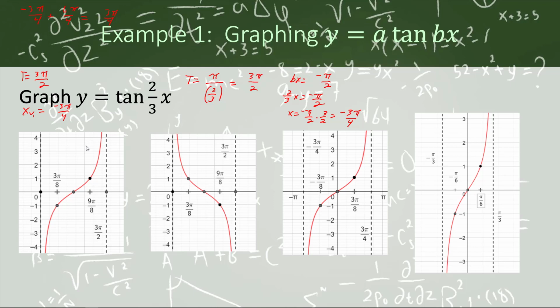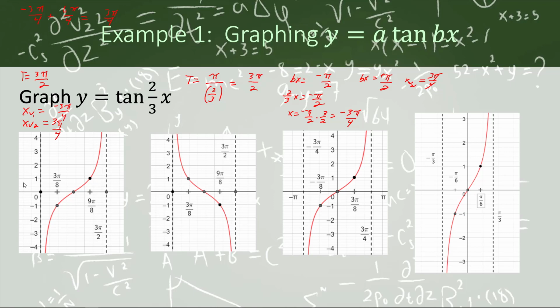If you don't believe it, what you can do then is go ahead and solve bx for positive pi over 2, and yes, you will get that xv2 is indeed 3 pi over 4. Okay, so xv1 is negative 3 pi over 4, and xv2 is equal to positive 3 pi over 4.